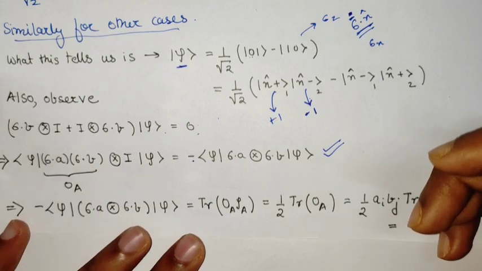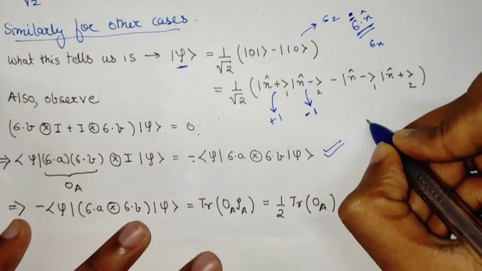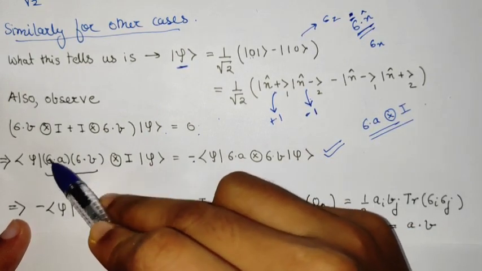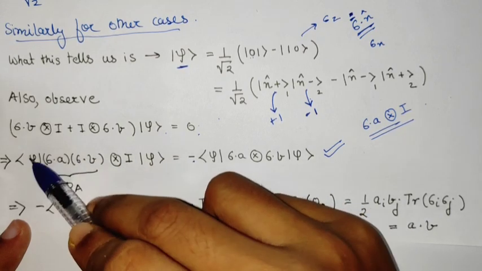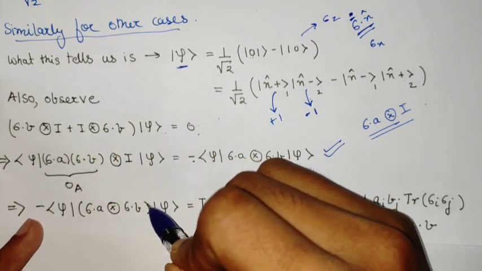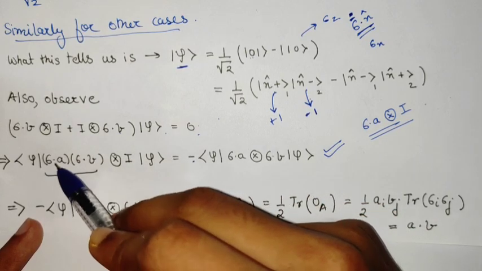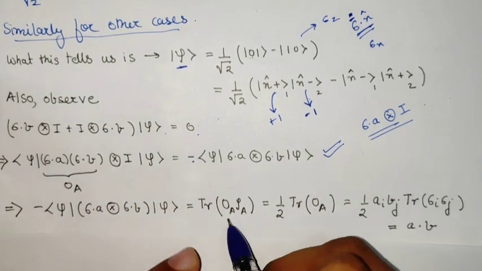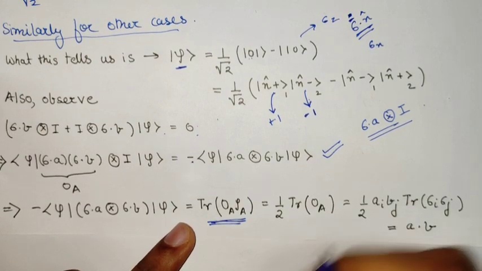But this equality can easily be derived, because on the first part, since we have multiplied with sigma A tensor identity, this entire thing is an operator on the A Hilbert space, and this is the expectation value of this operator for this larger state. What this means is that it is simply the operator expectation value in the reduced state space, and that gives us this particular equality.